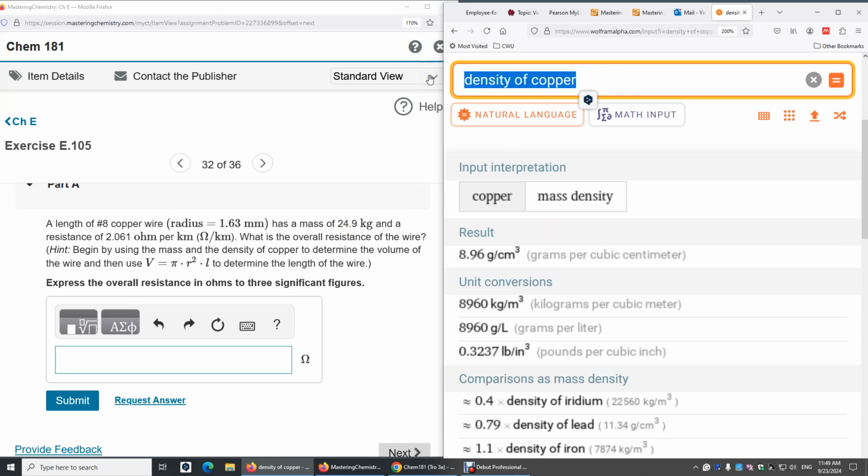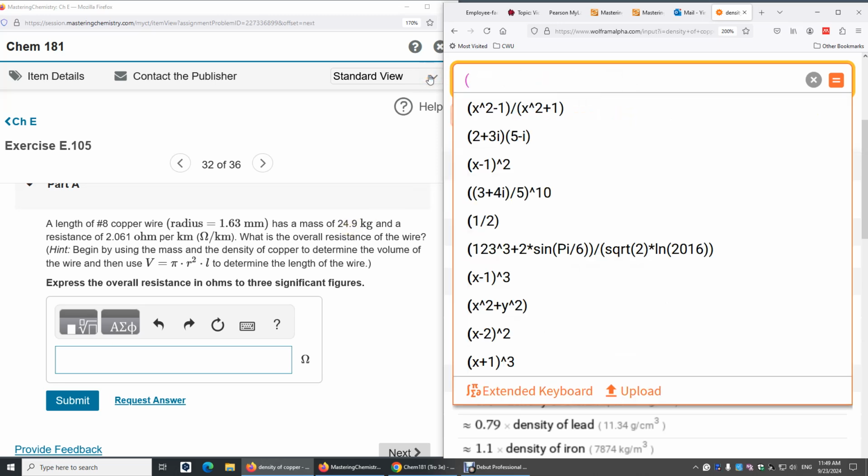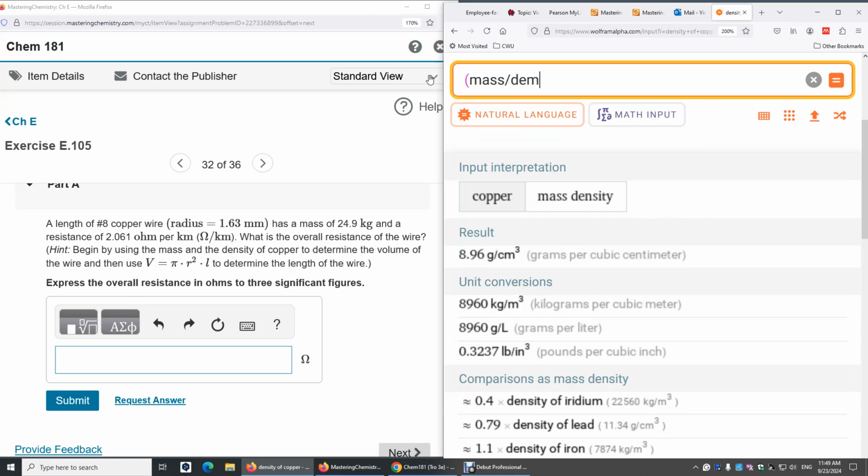All right, so let's work on this. The volume is mass over density. That's the volume, and the volume divided by the area of the circle, which is pi r squared, will give you the length of the wire.